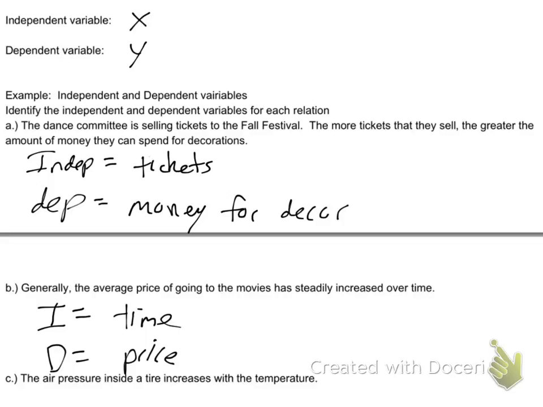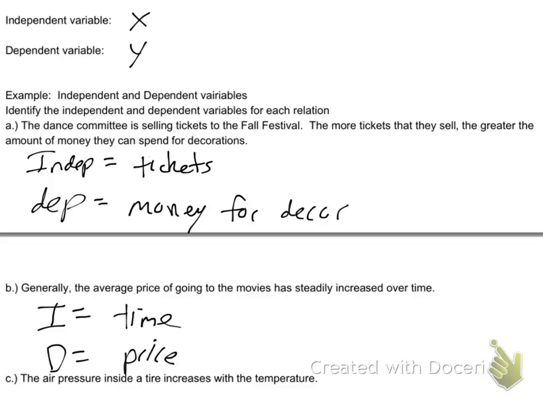Now, if this would have been something on the lines of the more you pay, the longer you get to stay in the movie theater, then the price would be the independent and the time would be dependent. You see that? Because the more money you pay, the longer you get to stay. The more time you get. So therefore, the time depends on how much money you want to put up front.